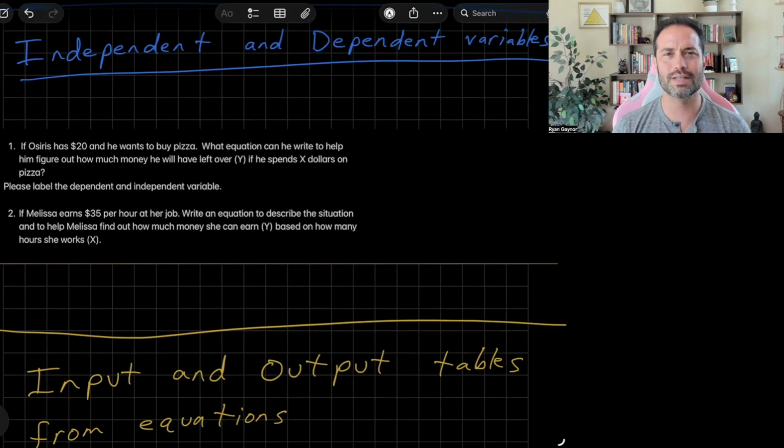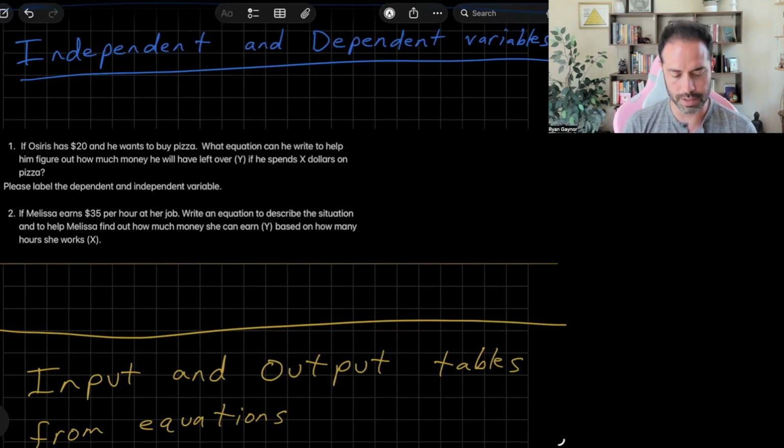Okay, so first, let's tackle the equation. It says he has $20 to buy pizza. We need to write an equation to help him figure out how much money he will have left over if he spends x dollars on the pizza. So he's spending money on the pizza, the x dollars, and the leftover is the y.